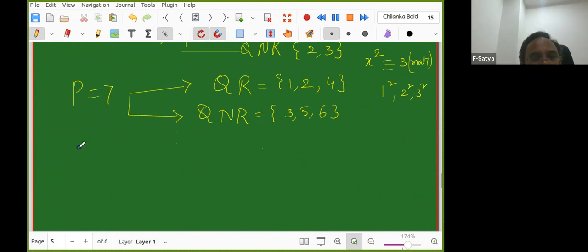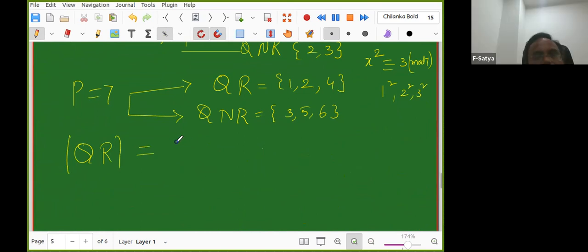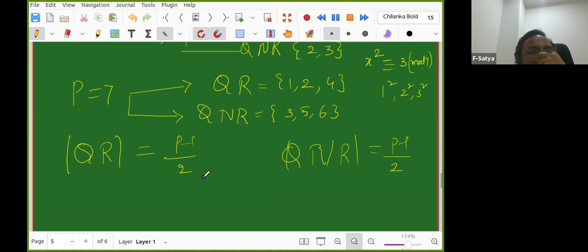You are telling that the number of quadratic residues, the cardinality, is equal to how much? P minus 1 by 2. Very good. The number of quadratic non-residues is also P minus 1 by 2 because the sum is equal to P minus 1. Exactly, they are partitioning.